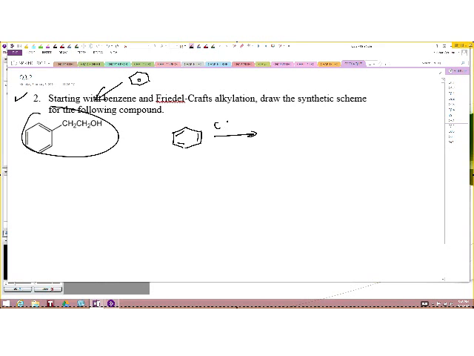So we do a Friedel-Crafts alkylation. And that allows us to join two carbon atoms to the benzene.